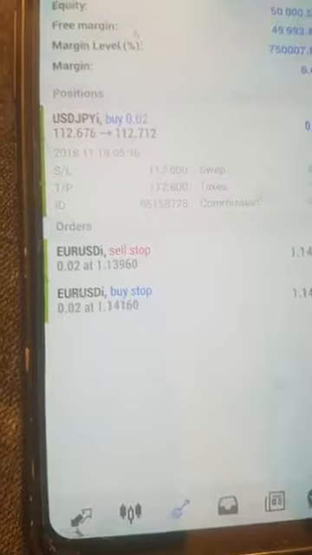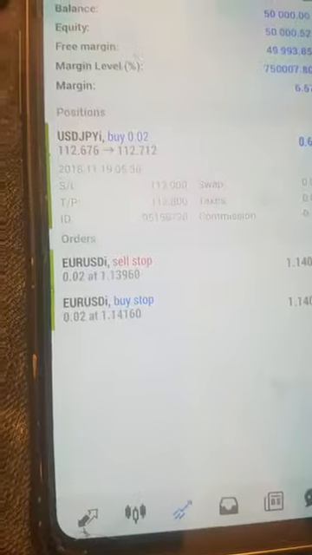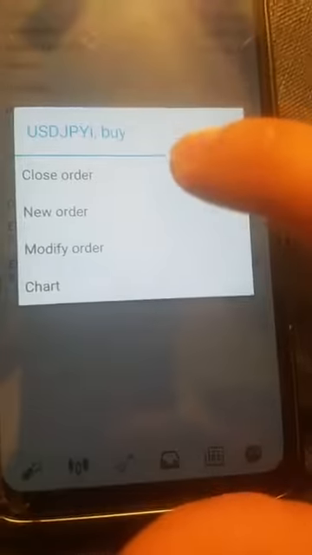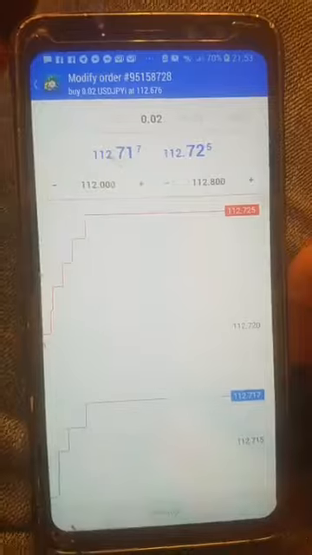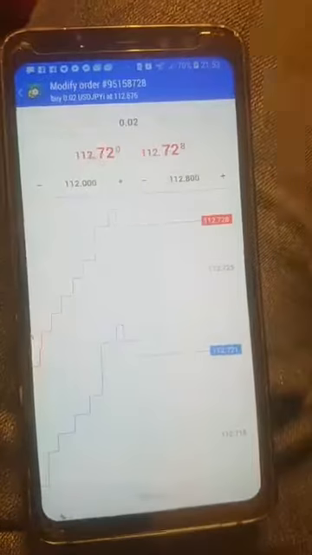I'm already 64 cents of profit over here, so to protect my profit, I hold this down, I can edit, modify order, and I can change my stop loss to protect my profits, so that it closes out and I'm still in money.